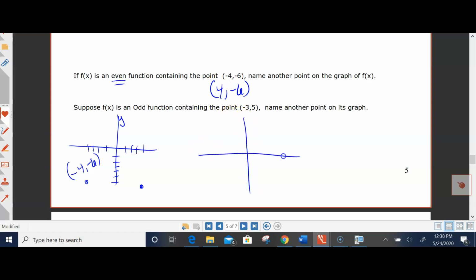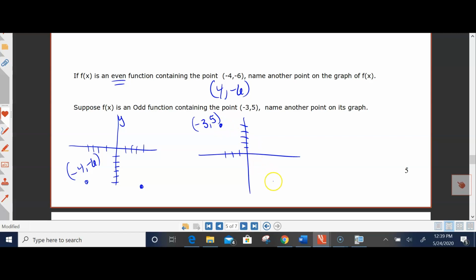It's an odd function, so it has symmetry across the origin. See if you can figure out another point on that graph if you're given the point (-3, 5). What would be another point on that graph if it has symmetry across the origin?